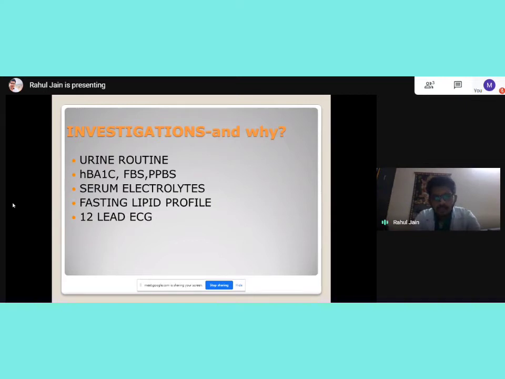There are many causes of secondary hypertension, but the most common causes are renal related causes. So by doing simple urine routine and even routine microscopy, we can pick up secondary hypertension due to renal causes.